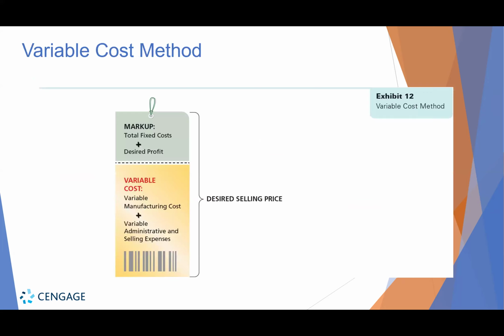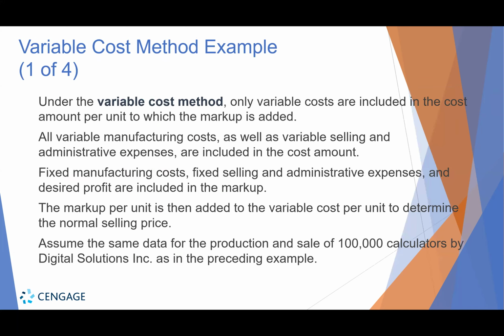The variable cost method is we take just our variable costs, and then with our markup, we put in our fixed cost and our desired profit. So this only includes the variable cost in the cost amount. And then the fixed manufacturing costs and the fixed selling and admin and desired profit are added to the markup.